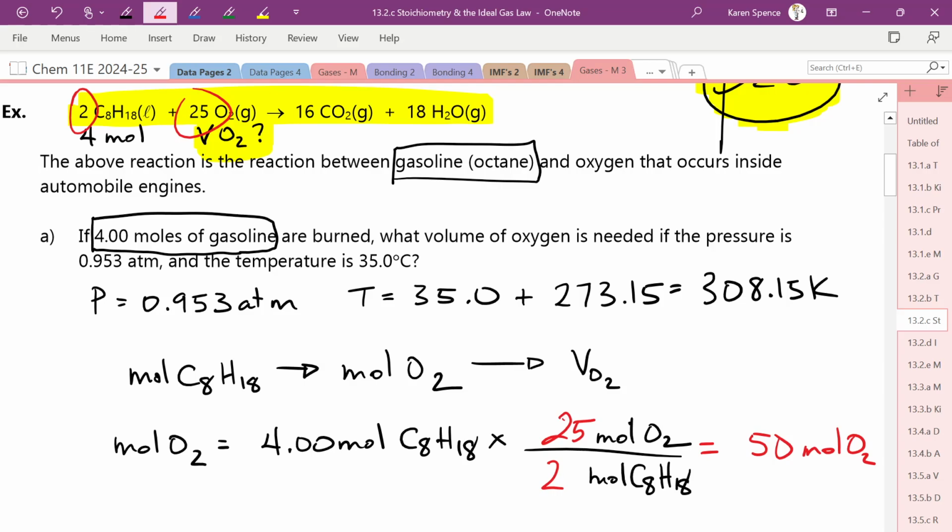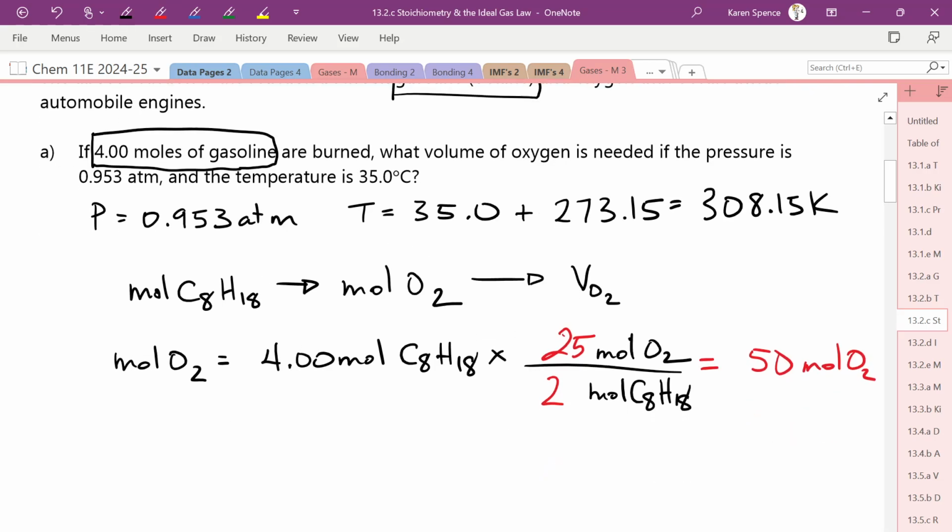Now, it'd be really tempting to say, I have 50 moles of O2, now I can multiply by 22.4 liters per mole and be done, except that we are not at STP. So what would we use instead?